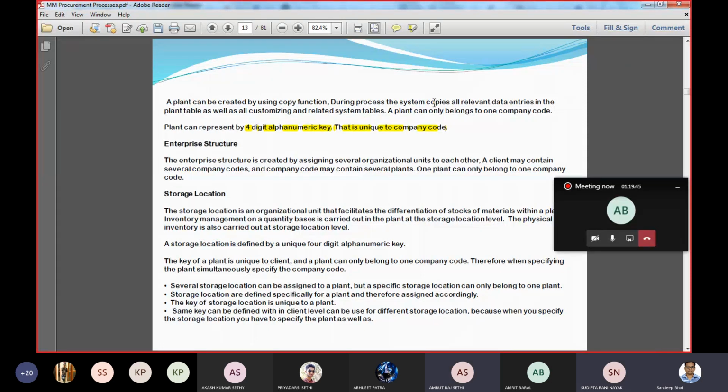Always remember, the plant is unique to company code, and the plant code is unique to a specific company code. And a company code is unique to the client. That is the hierarchical structure.